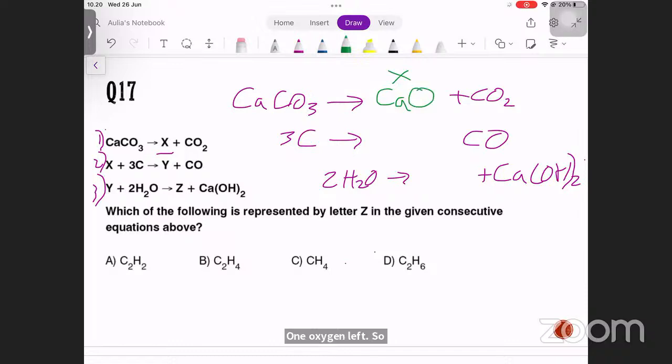So the identity of X is CaO. I will rewrite it into the second reaction. So CaO plus 3C becomes Y plus CO. What is the identity of Y, everyone?